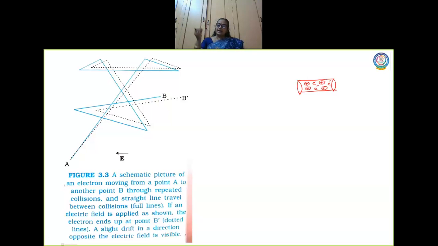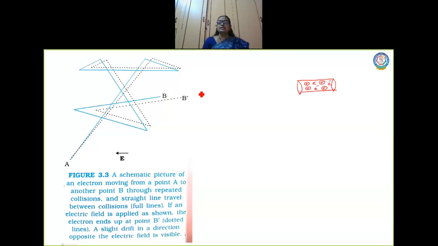But after collision also, they emerge with the same speed or velocity. After they come out, as I said, these electrons will be in random motion. So what will be the average velocity of these electrons? The average velocity of these electrons will be considered to be 0.